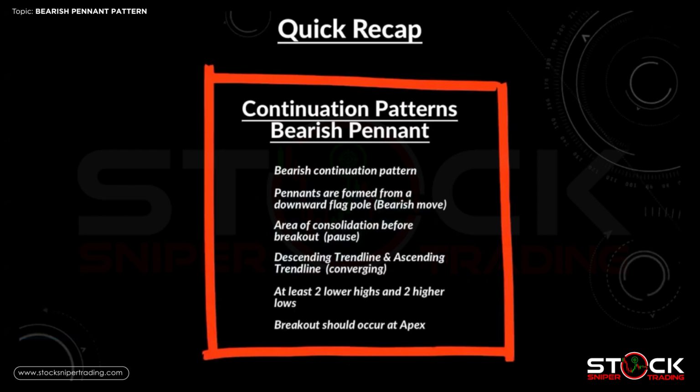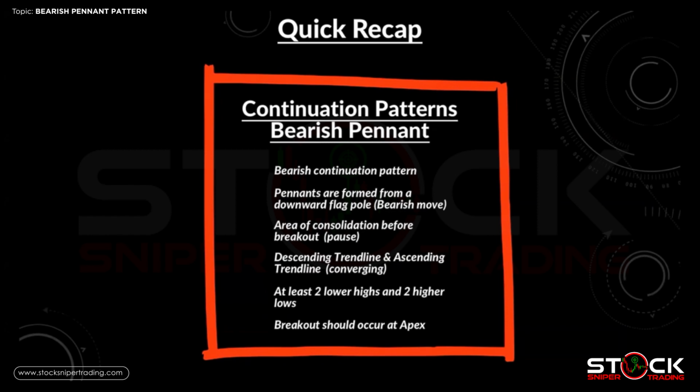Quick recap. The bearish pennant is a continuation pattern. Pennants are formed from a downward flagpole, which is our bearish move. It is seen as an area of consolidation before the breakout is the pennant. Its characteristics are it has a descending trend line and an ascending trend line on the bottom, and these two trend lines converge together to form the apex.